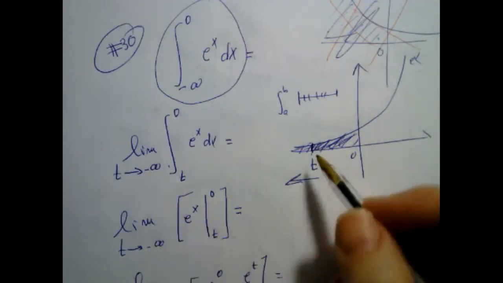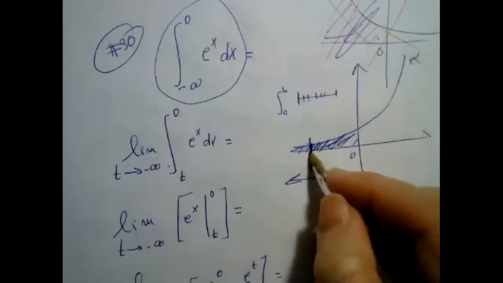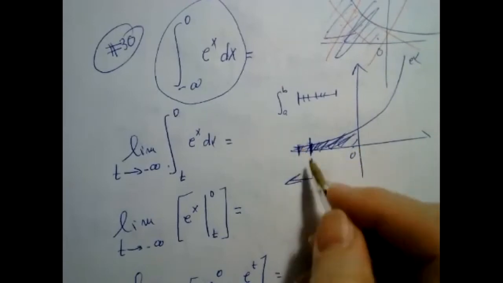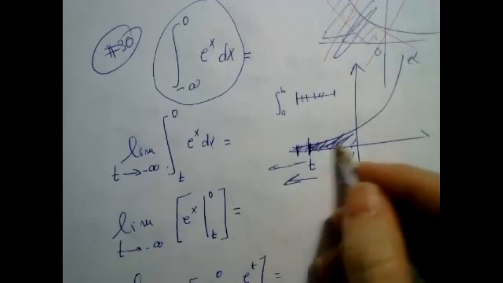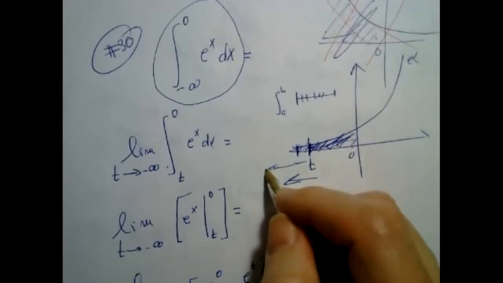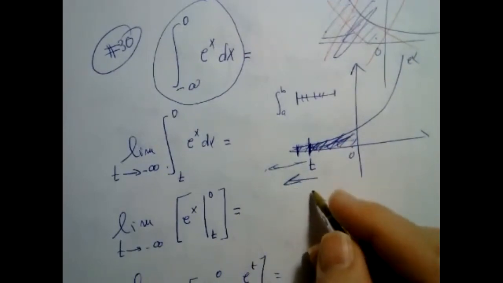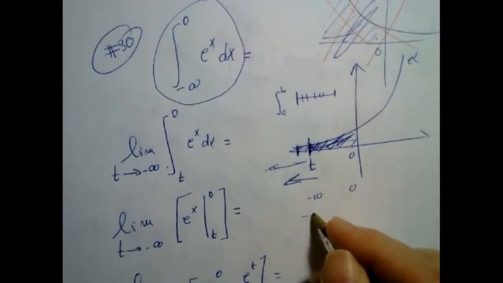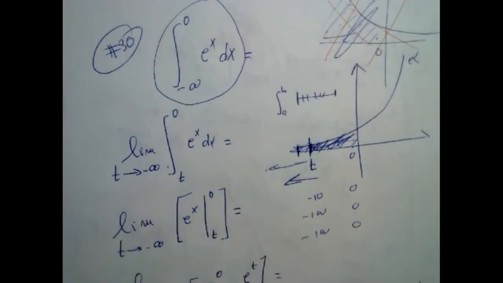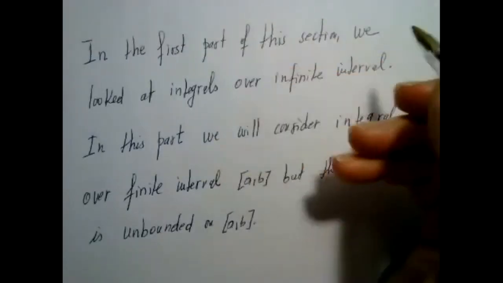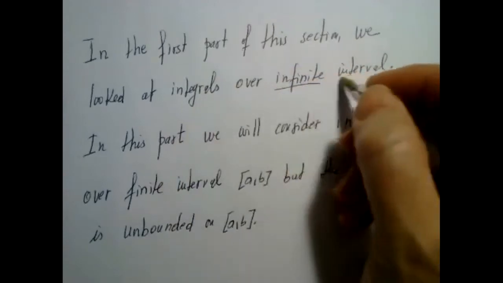So we defined it as: you compute from t to 0, and once we find the area for every t, then you let t go to minus infinity. So basically what we did is from minus 10 to 0, minus 100 to 0, minus 1000 to 0, and we started finding what this area is. So the first section was over an infinite interval.